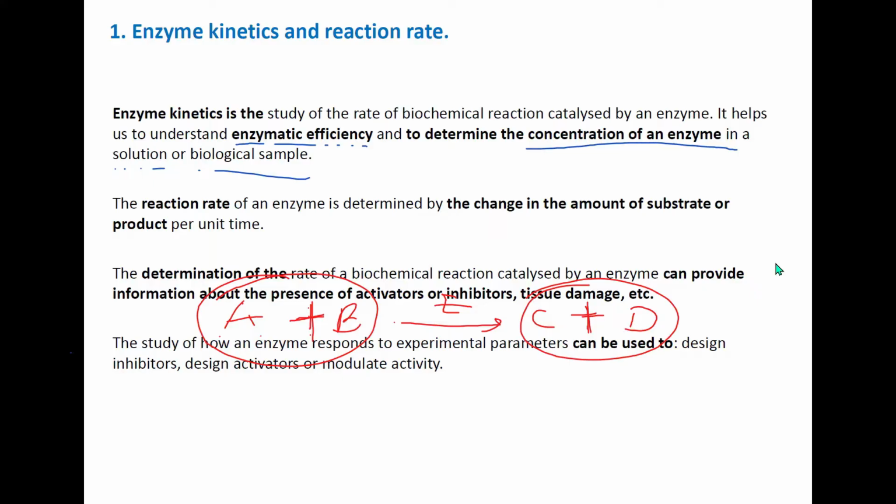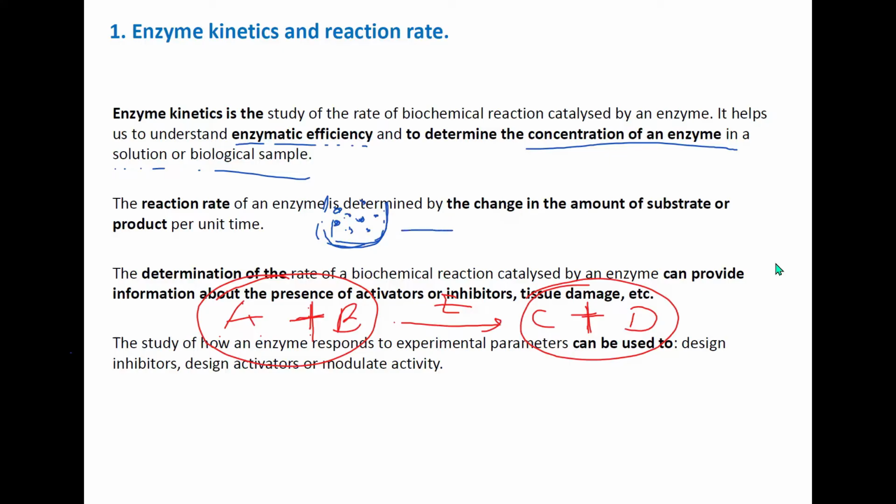And then the rate that enzyme kinetics tries to measure is determined by the change in the concentration of the substrate or product per unit time. Remember that in our previous class, we said that when you have an enzyme converting substrate into product, let's say this is your container, and in this container you have balls like this, and let's consider them as our substrate.